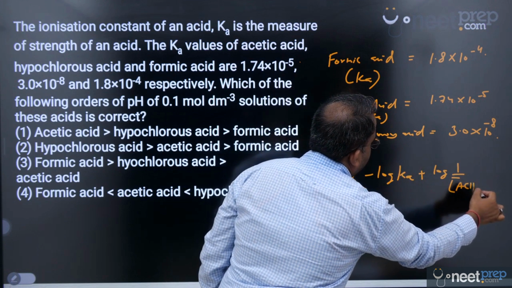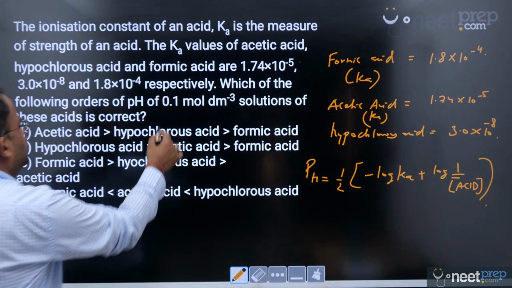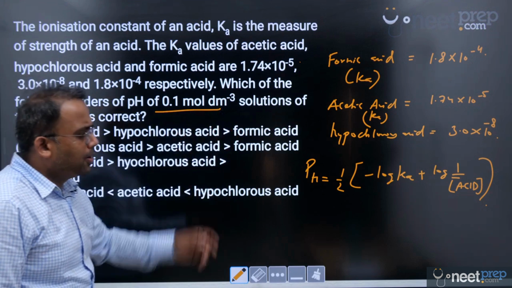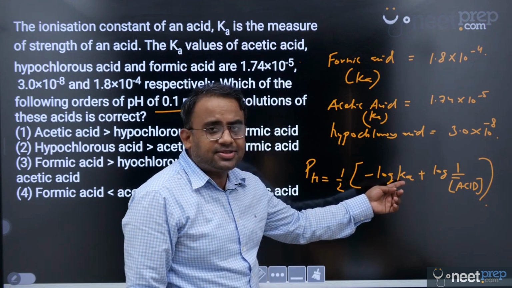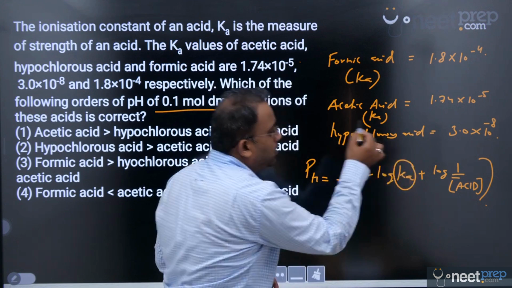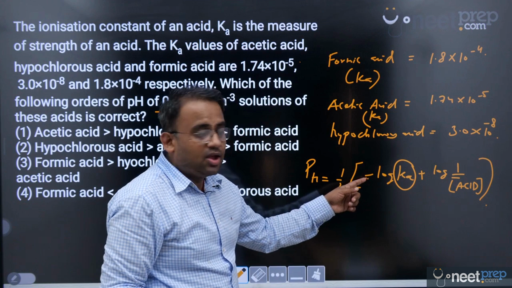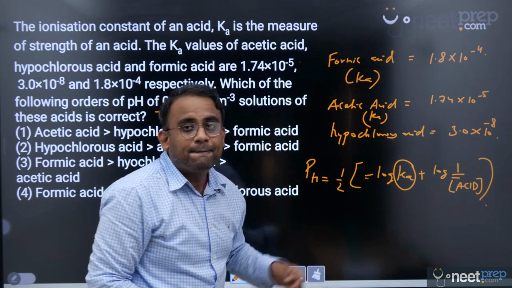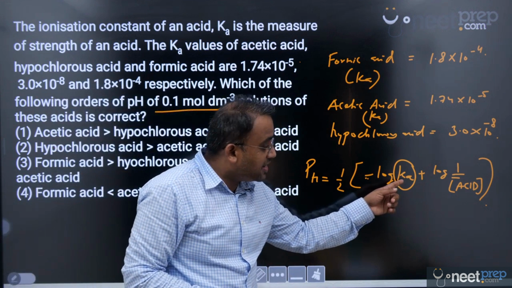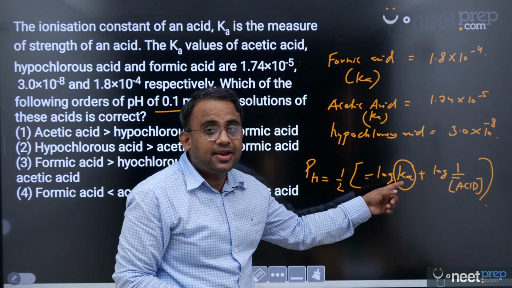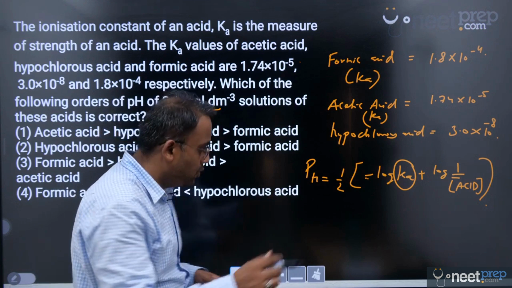Now in all three cases, the concentration of acid has been given to be the same, 0.1 mole per dm cube or per liter. Whichever acid has the highest Ka value, because of this negative sign, will have the lowest pH value.